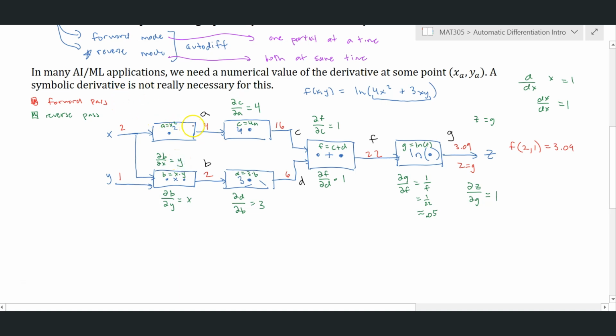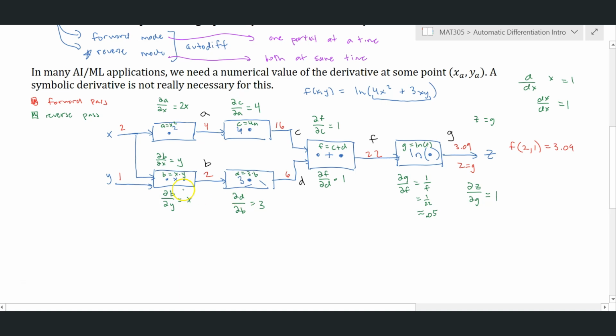Okay, and then up here, we have the derivative of a with respect to x. And the derivative of x squared with respect to x is just 2x. Now, here's the thing. We actually don't want 2x as an expression. We just want the value of what 2 times x is. We did that back over here where our derivative was a function of a variable.